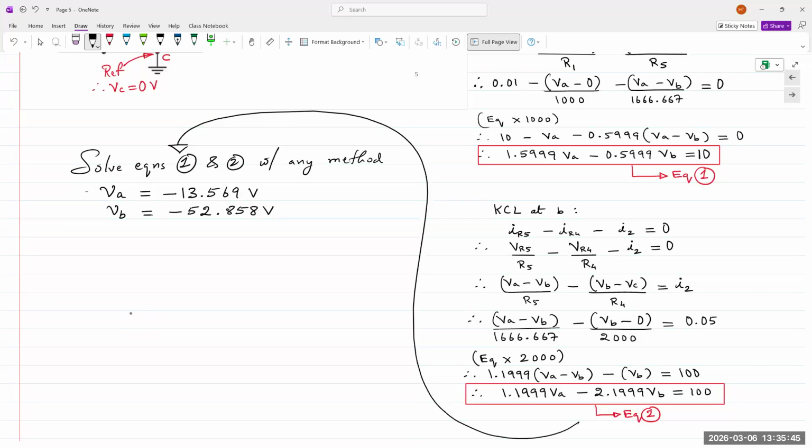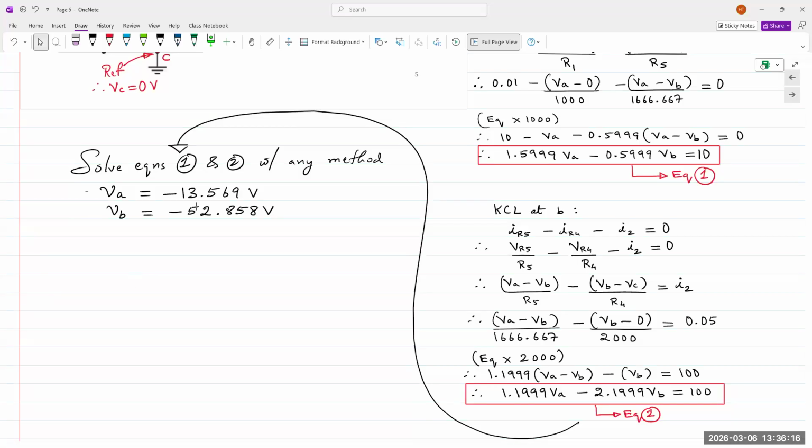Those are simply the values of nodes A and B with reference to node C. Anybody tried solving these equations right now? If anybody did, you get the same values? You got the same values? Right, thank you.